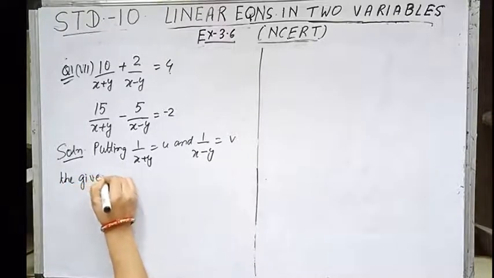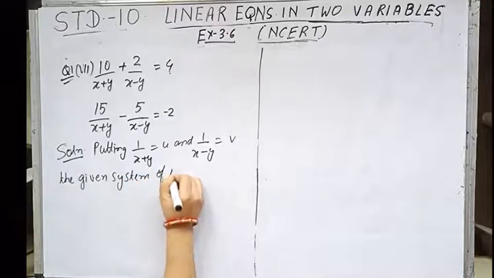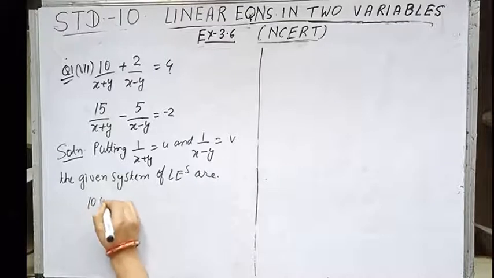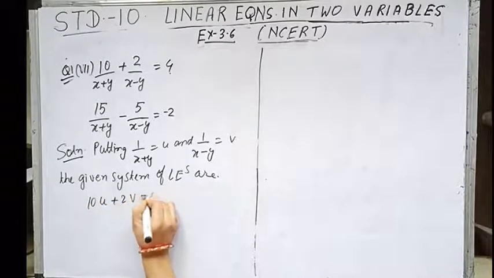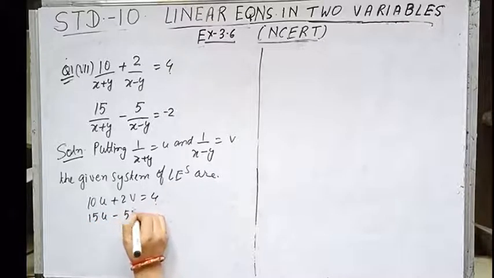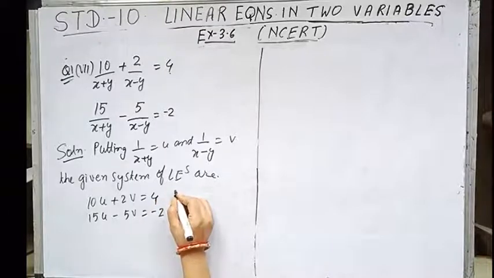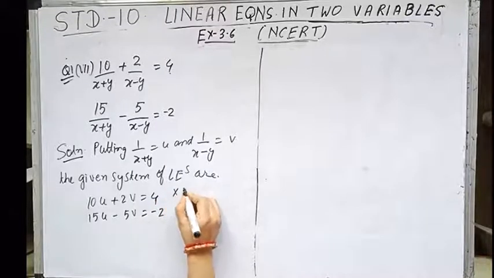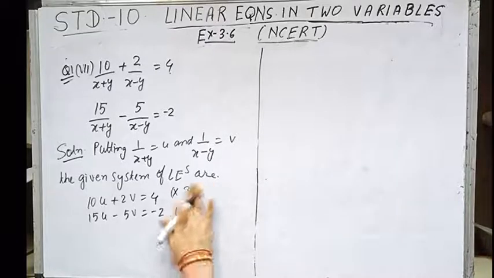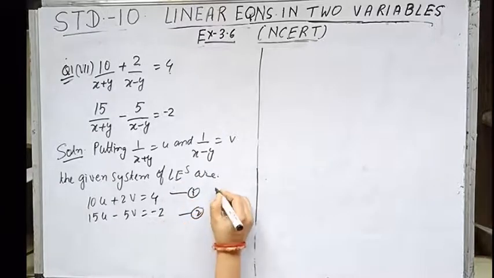the given system of linear equations are 10u + 2v = 4 and 15u - 5v = -2. Now let us multiply this with 3 and this with 2. First make it the equation number 1 and 2.